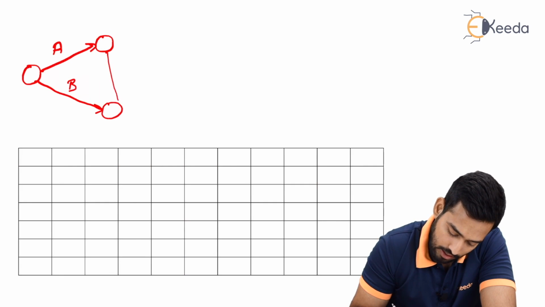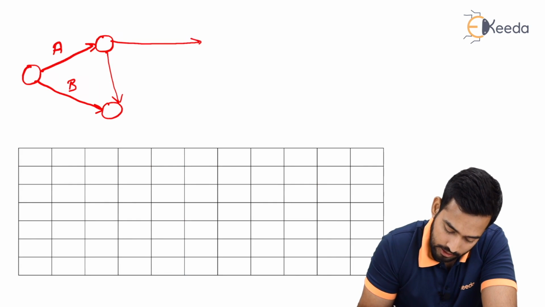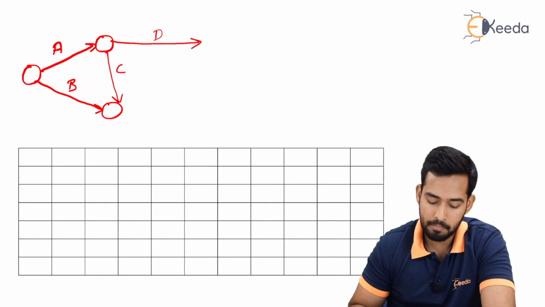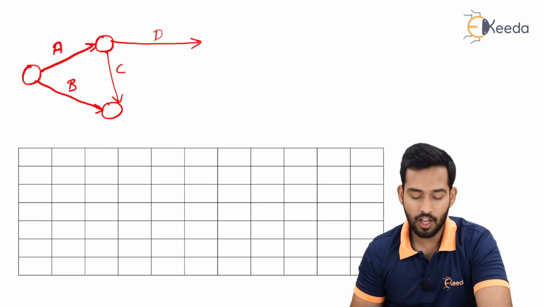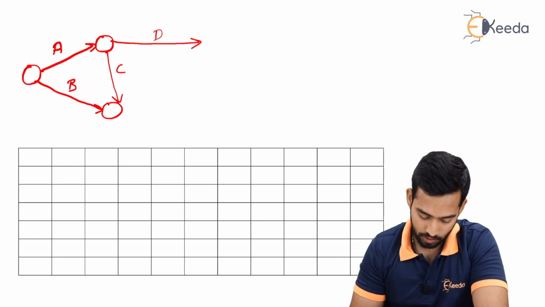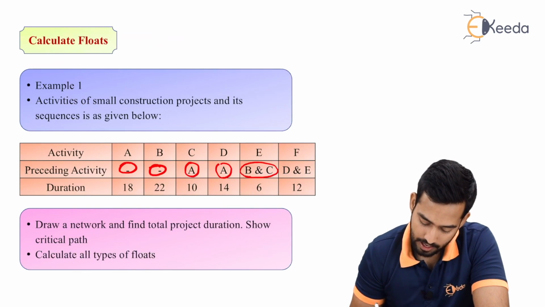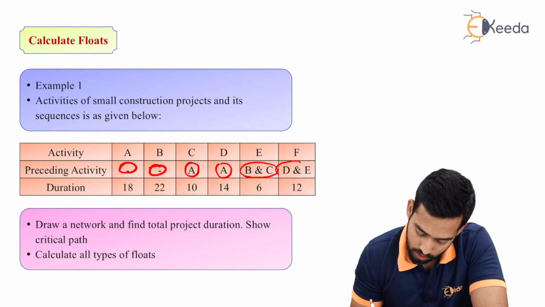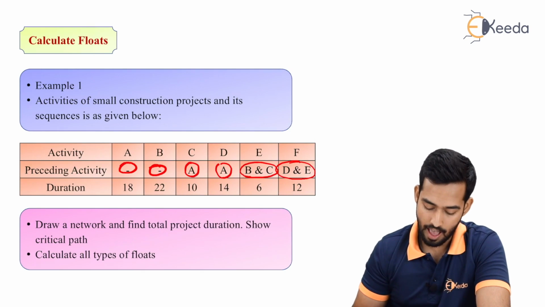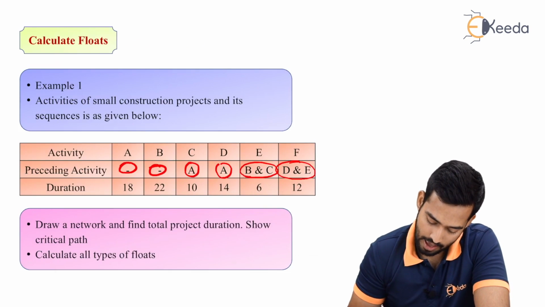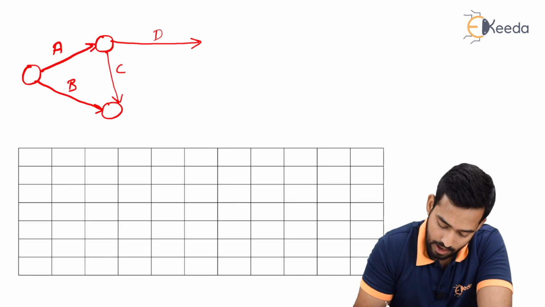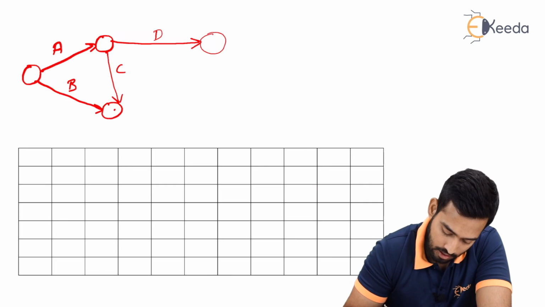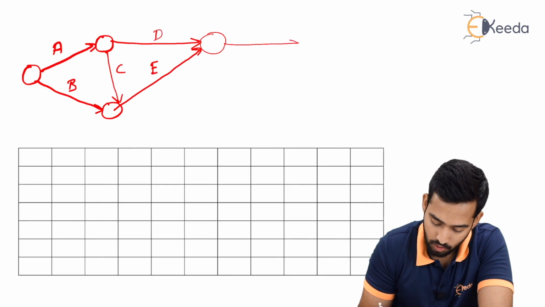Keeping in mind that we have to draw the next activity also, I already joined B and C at a single node, and now we can draw E. While drawing E, we should keep in mind that E and D should coincide at a single node, and they will form the next activity, that is F.